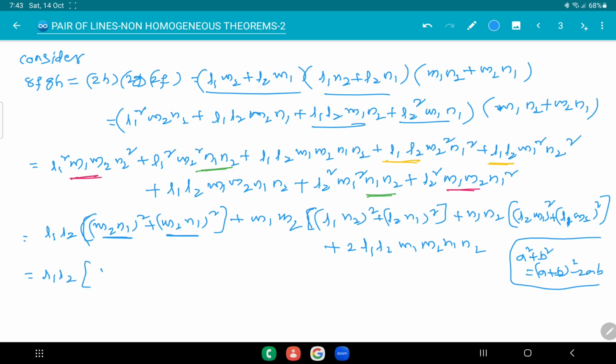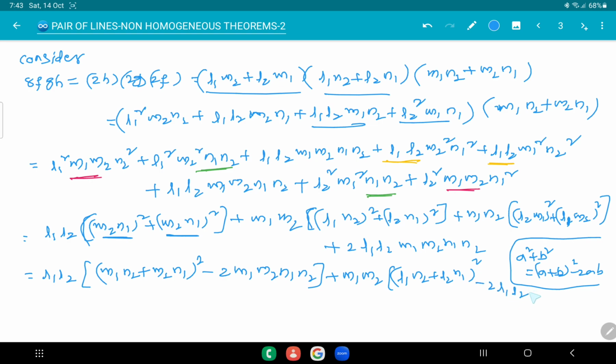L1 L2 times M1 N2 plus M2 N1 whole square minus 2 M1 M2 N1 N2, plus M1 M2 times L1 N2 plus L2 N1 whole square minus 2 L1 L2 N1 N2, plus N1 N2 times L1 M2 plus L2 M1 whole square minus 2 L1 L2 M1 M2.